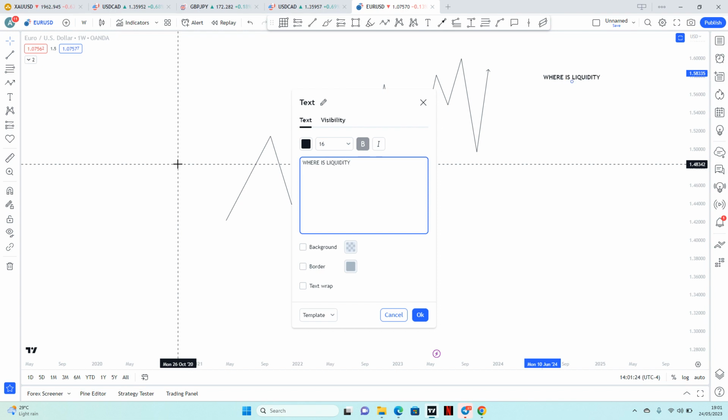Then the second is, what is structure saying? The third thing to look for is where is the strong high and the strong low.